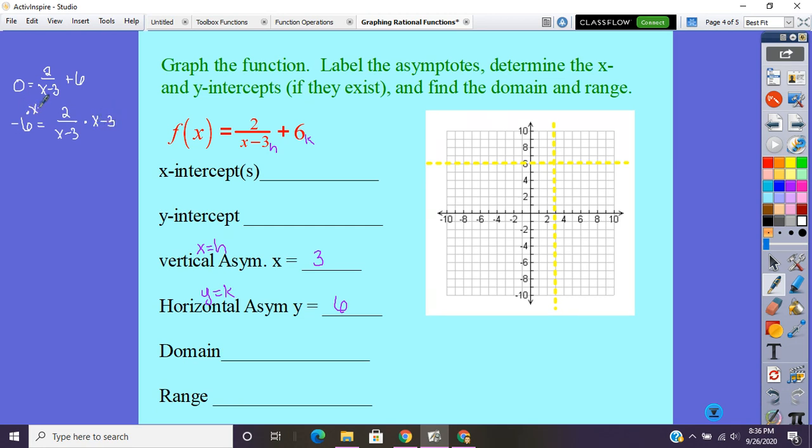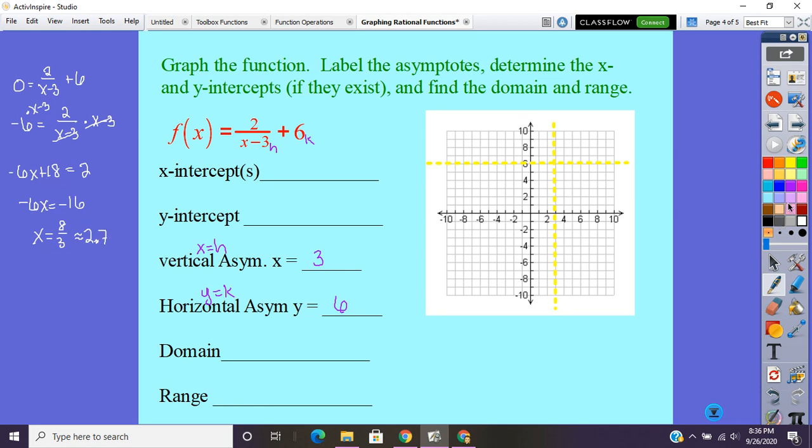We'll take this times x minus 3. And this negative 6 will distribute. I will end up with negative 6x plus 18 equals 2 because these two values cancel. Subtract my 18, negative 6x equals negative 16. Divide by negative 6, so x equals 8/3 or about 2.7.